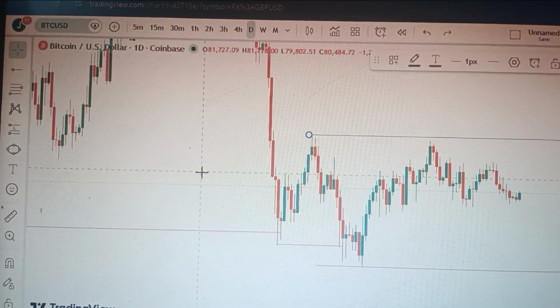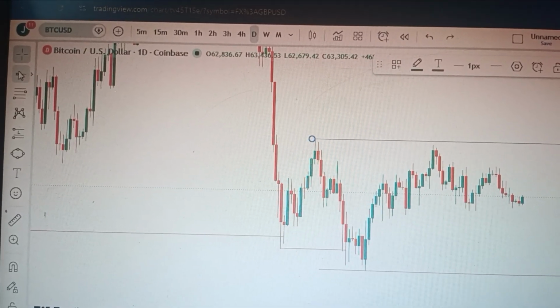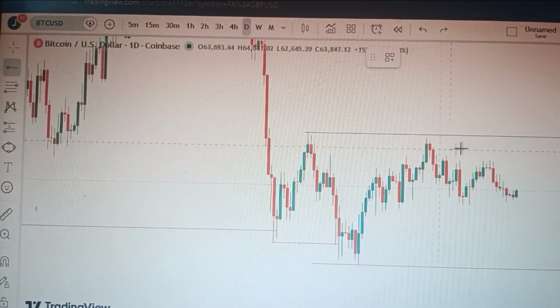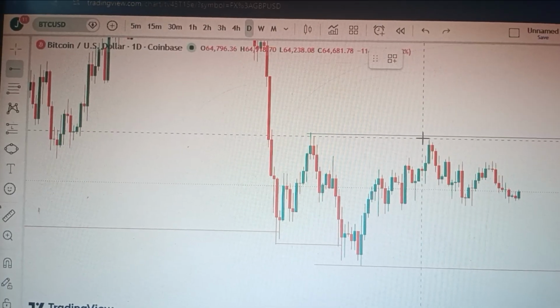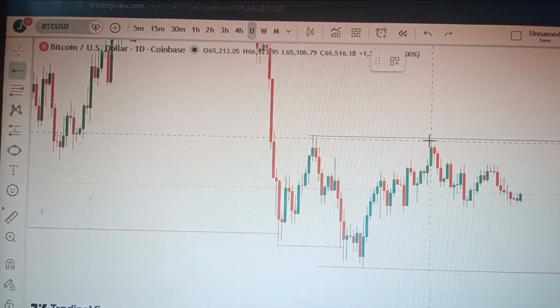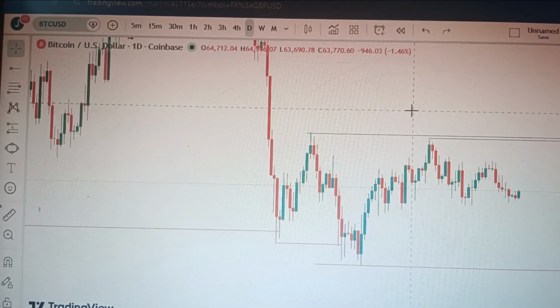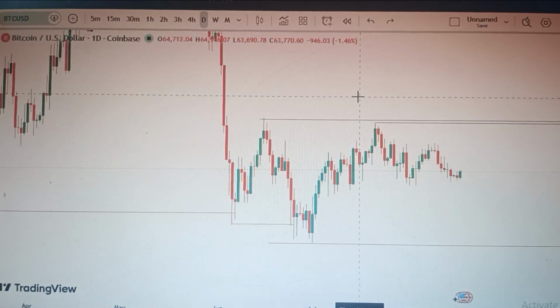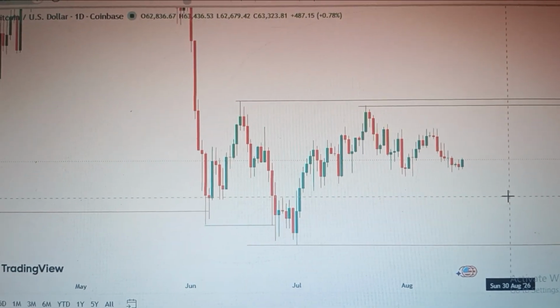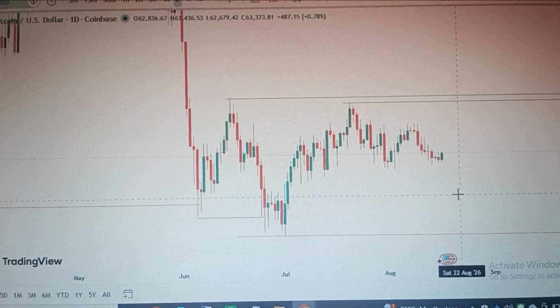We have this high here. We have another high here. I hope we are still together.